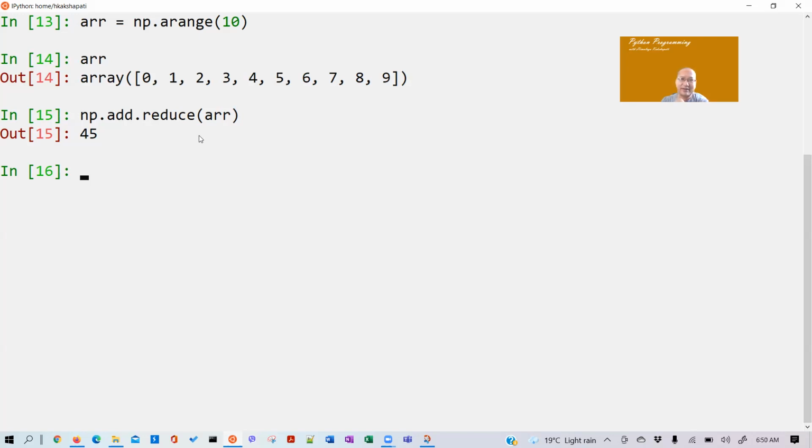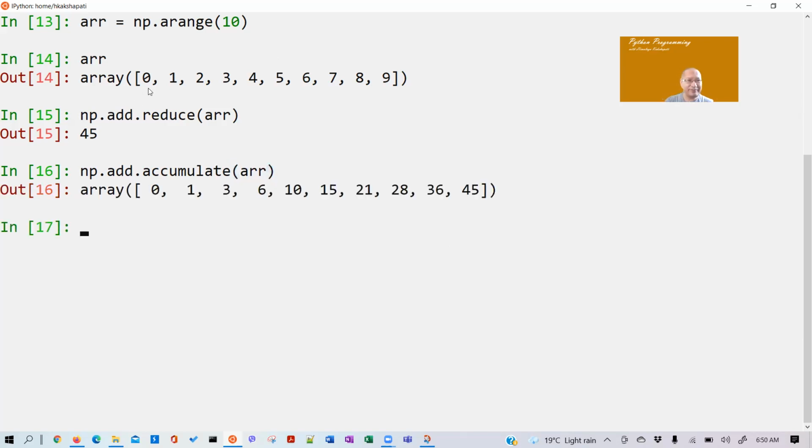So what does reduce do? It keeps adding, and the accumulated result is what accumulate gives you. If I do accumulate, you get the individual running sum. You see, at first there is only 0, 0 + 1 is 1, then 1 + 2 is 3, 3 + 3 is 6, then adding 4 to 6 gives 10, adding 5 to 10 gives 15, and so on.